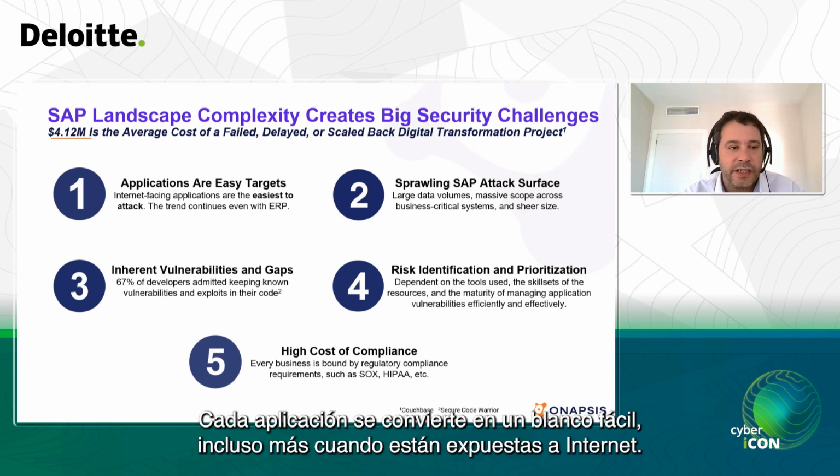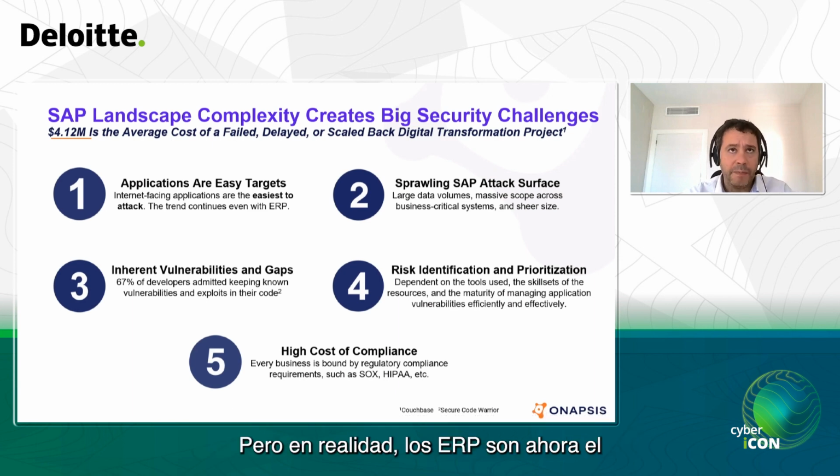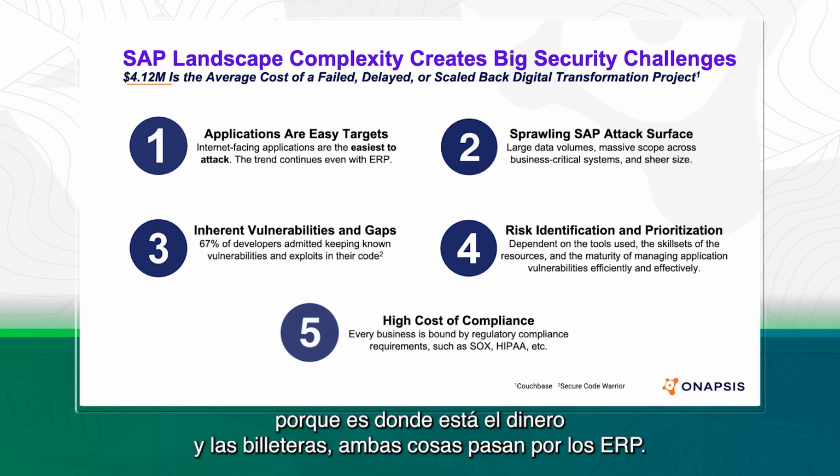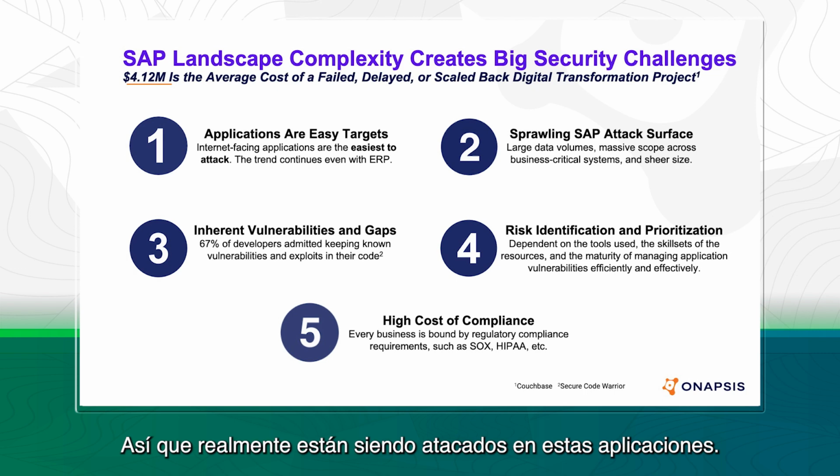Every application is an easy target, and more so when they are internet facing. But actually, ERPs are now the main place where the attackers are going, because it's where all the money in the world is going through ERPs. So they are being really attacked on these applications.